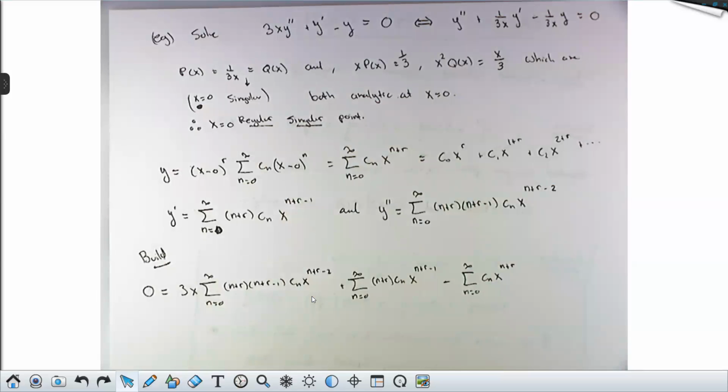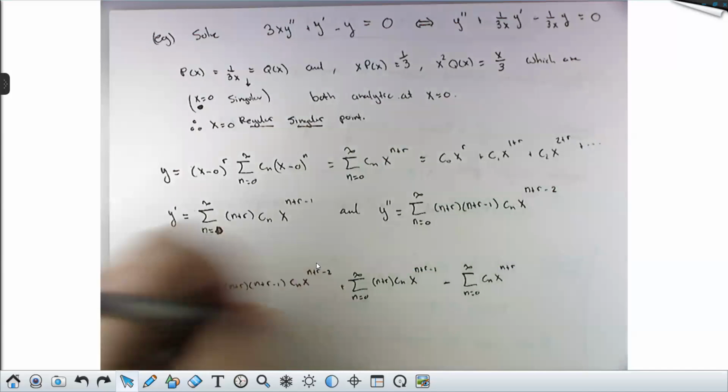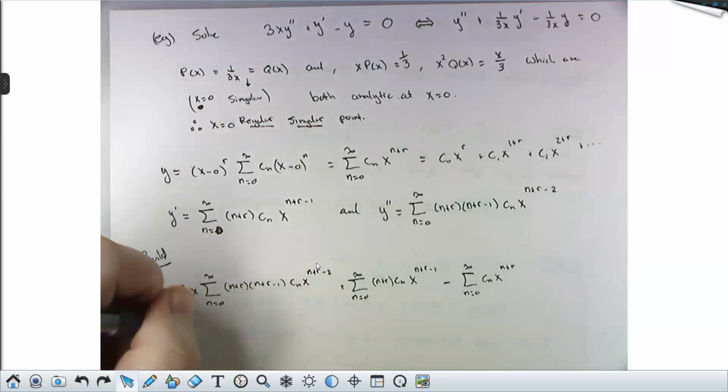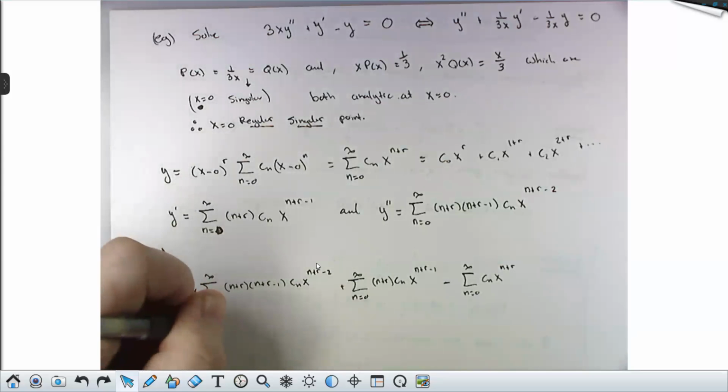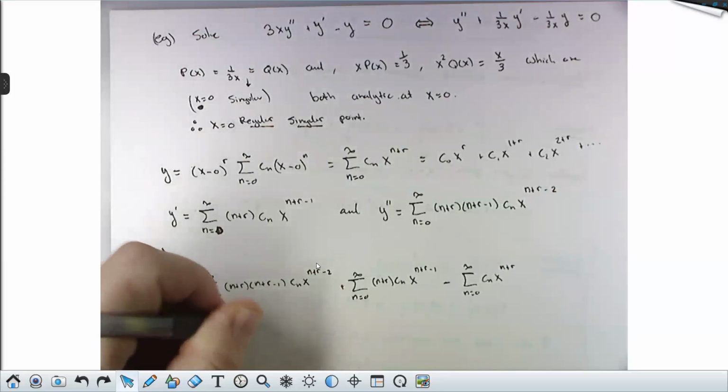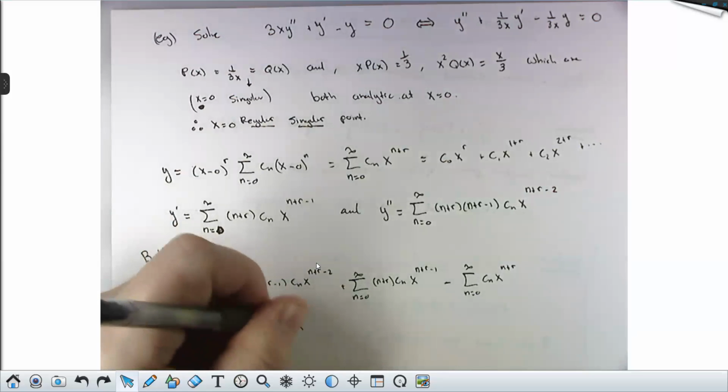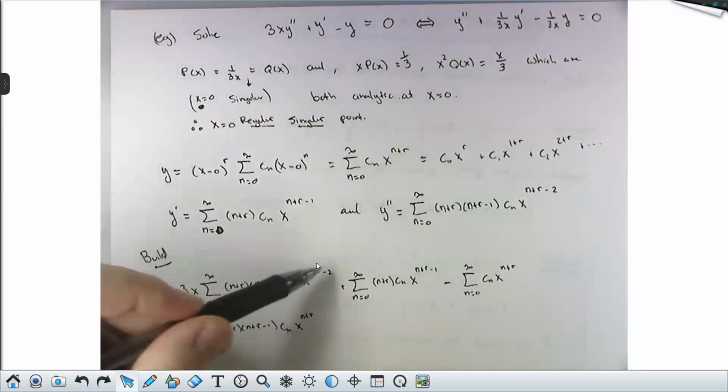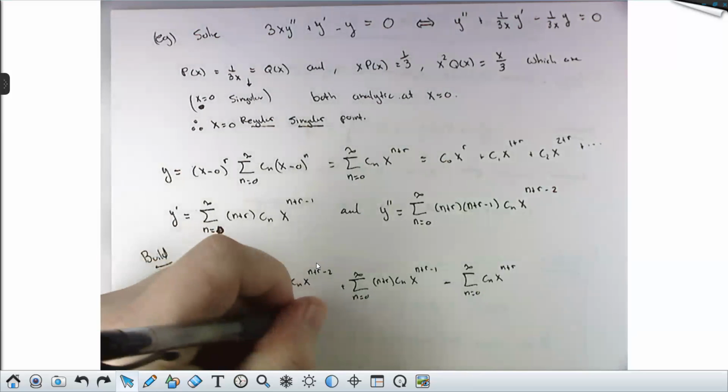There are some nice things and some not so nice things about this. First, I'm going to bring the x inside here. We can bring the 3 into it, doesn't matter. And then I'll see what I need to do about these guys. Turns out there's a factor of x to the r that's going to come all the way out. So this will be sigma n from 0 to infinity, 3 n plus r, n plus r minus 1, cn x to the n plus r, and then I've got a minus 2 here, but I'm multiplying by x, so that's going to bump that up to a minus 1.